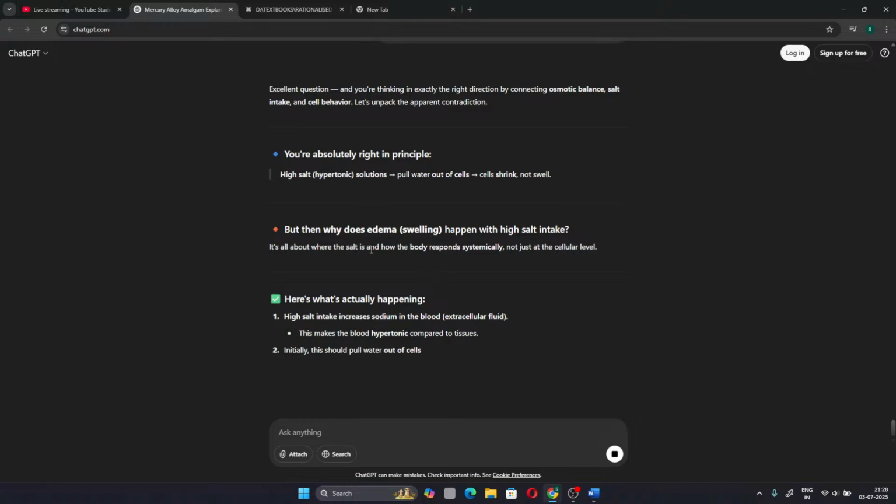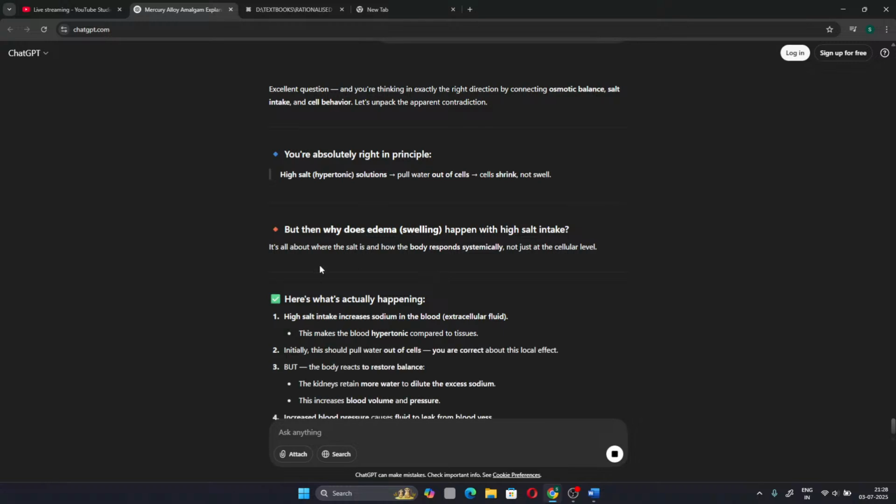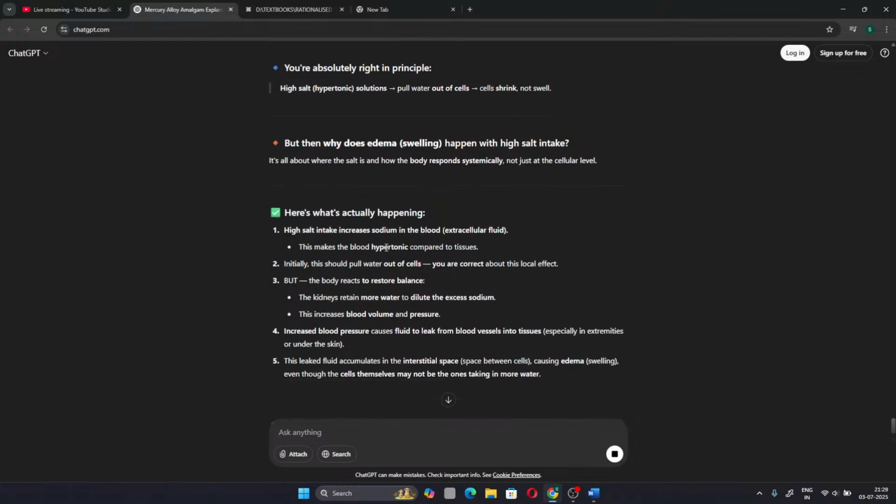But why does edema swelling happen with high salt intake, and how systematically, not just at a cellular level? High salt intake increases sodium in blood. This is the extracellular fluid. This makes blood hypertonic compared to tissues. Initially, they should pull water out of cells. You are correct about this local effect.